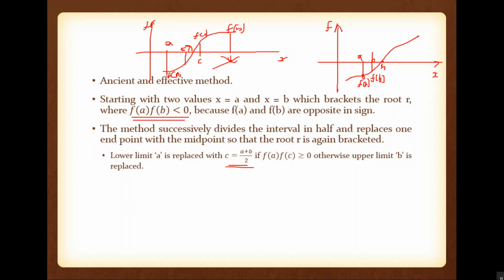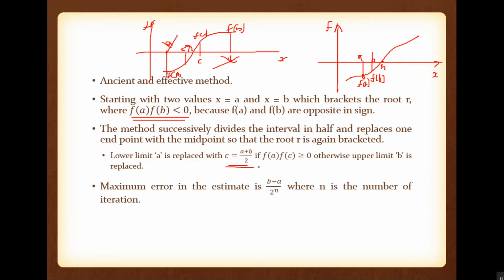Means both a and c are lying on the same side. So now what do we have to replace? Not b, we have to replace a. Is it clear, all of you? So that way we are going to modify the interval. Through the problem you can understand this method.